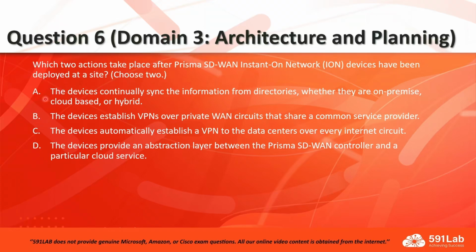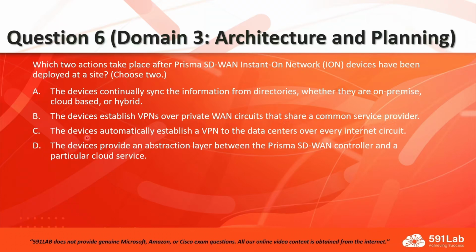A. The device continually syncs the information from directories, whether they are on premise, cloud-based, or hybrid. Or B. The device establishes VPN over private WAN circuits that share a common service provider.